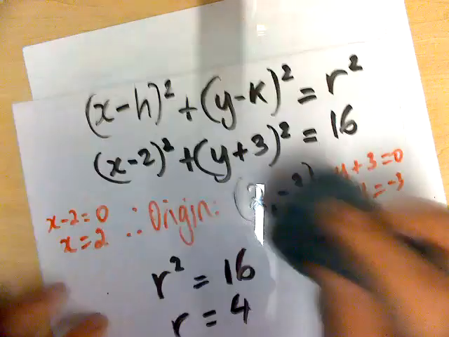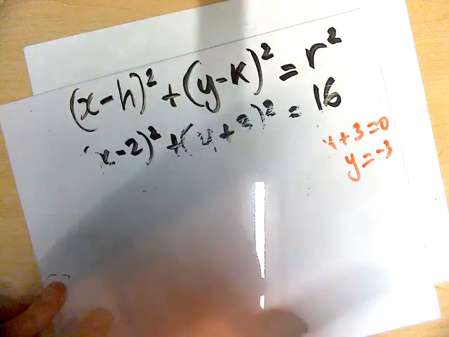Now, there's one more kind of question that you get, which uses that same form that affects our origin. However, it gets a little bit trickier. You may find yourself getting a question that looks something like this.